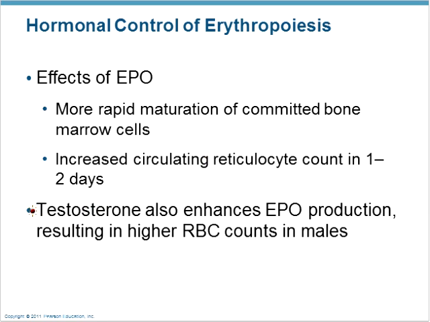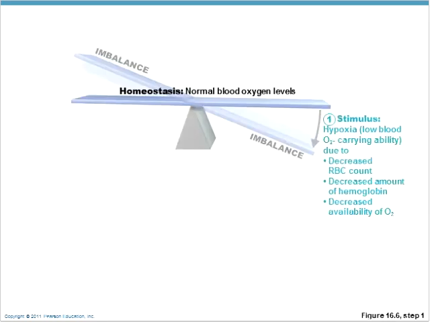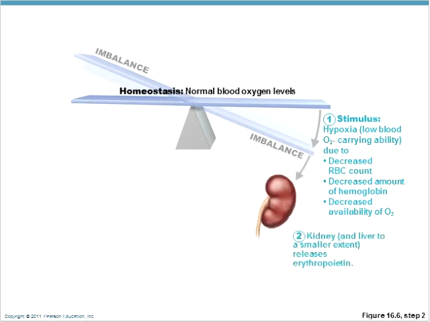Testosterone also enhances erythropoietin production, resulting in higher red blood cell counts in males. And this talks about how that feedback mechanism works. The stimulus is hypoxia, a low blood oxygen carrying ability due to decreased red blood cell volume, decreased amount of hemoglobin, or decreased availability of oxygen. That causes the kidney, and the liver to a small extent, to release erythropoietin, though mostly it is the kidney.